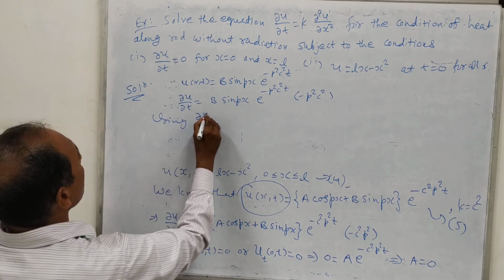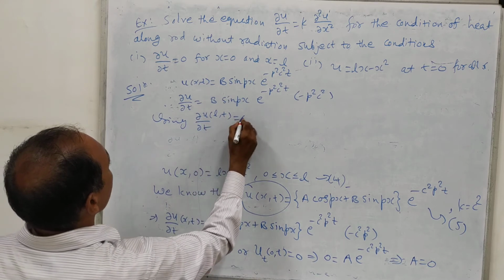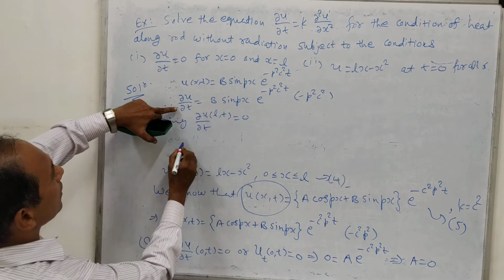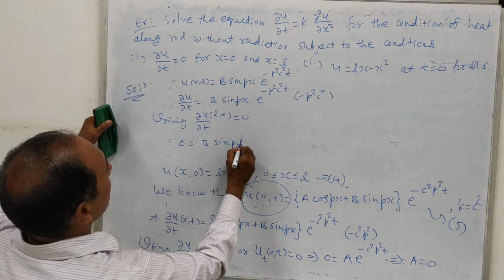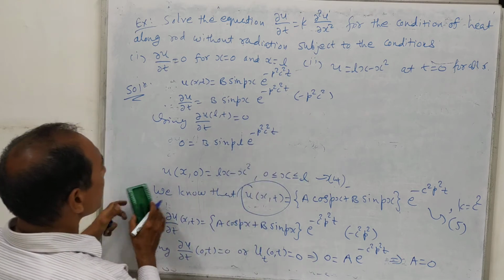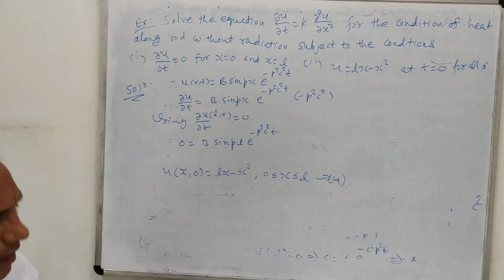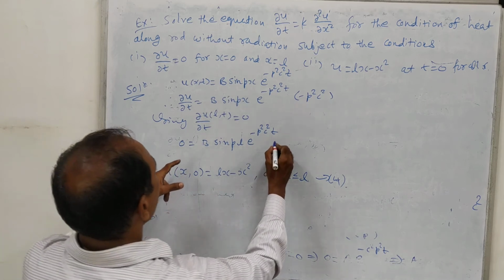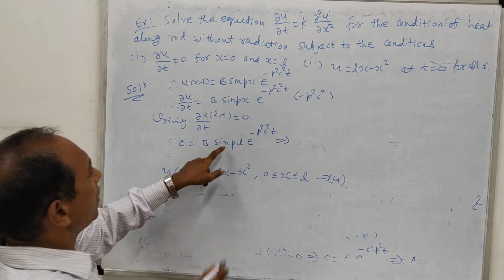Using del u(l, t) by del t equal to 0, we get here del u by del t is 0, b sin of p l x equal to l e raised to minus p square c square t. Using the same arguments as we discussed in the theory and previous example, this will not be 0, so either b is 0 or this is 0.